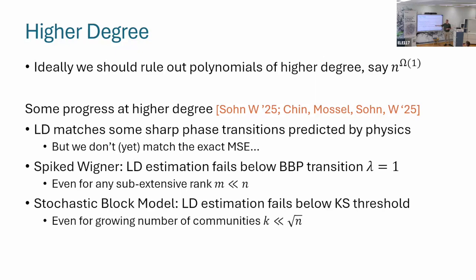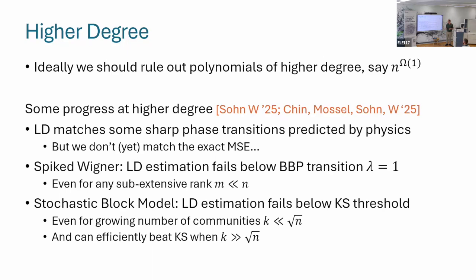And indeed, we can show that low-degree polynomials also start to work at that same spot, even for a growing number of communities. As long as the number of communities grows smaller than the square root of n, the KS threshold still remains the low-degree threshold.